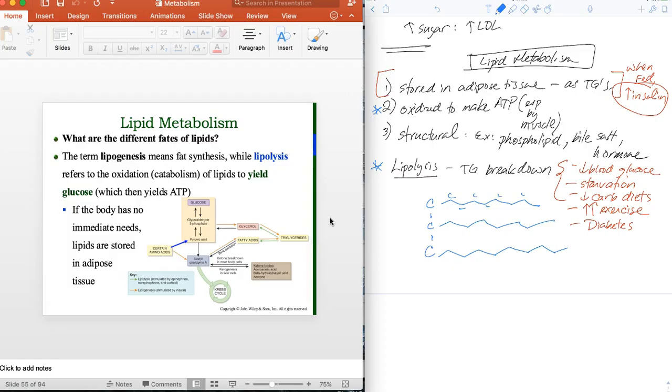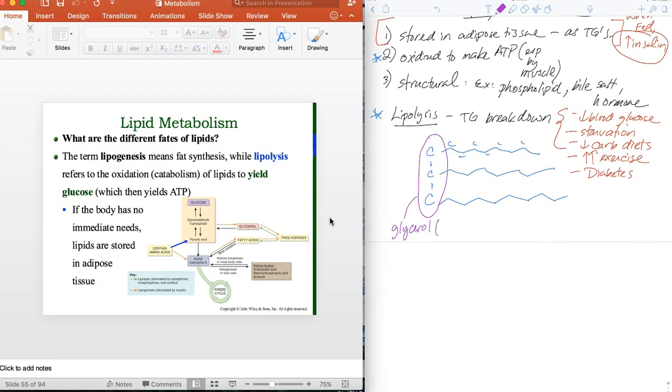Now, what can these parts be used to make? That glycerol backbone is a 3-carbon. What was that 3-carbon molecule that was produced after glycolysis?